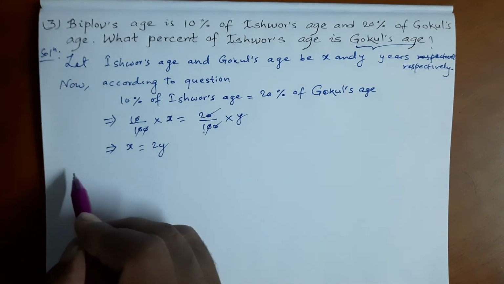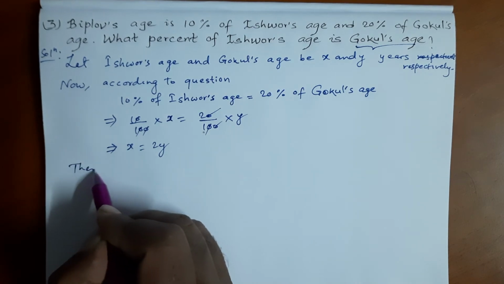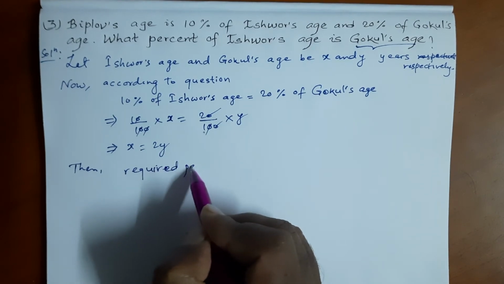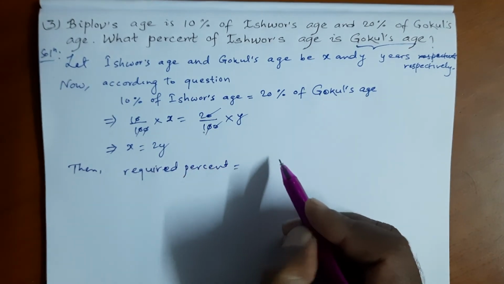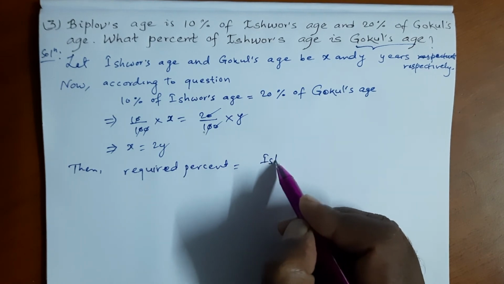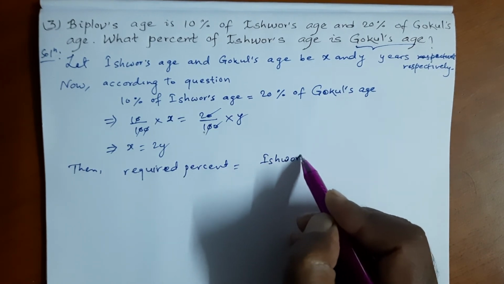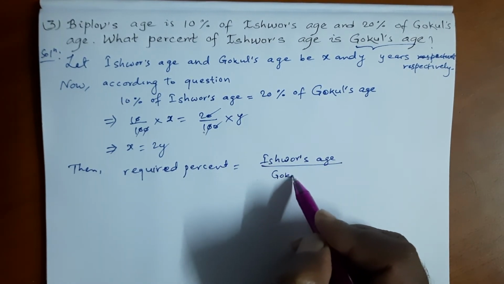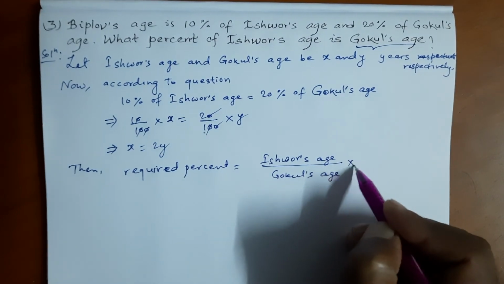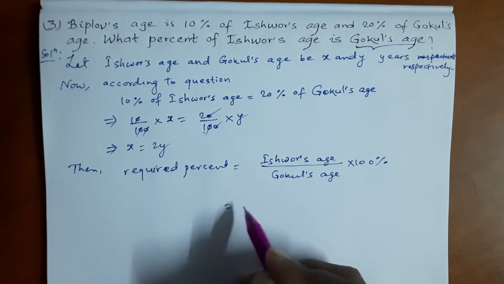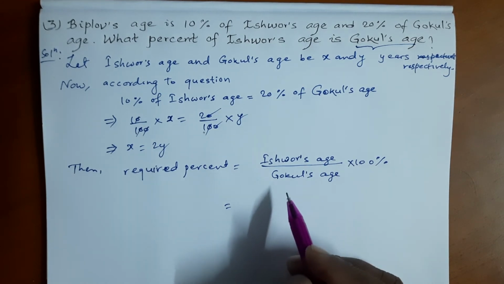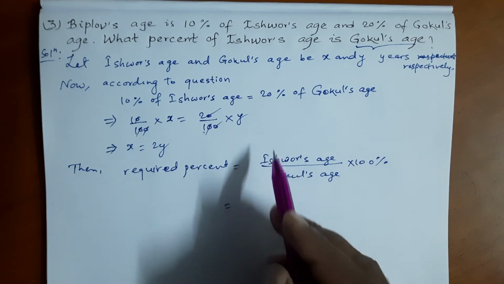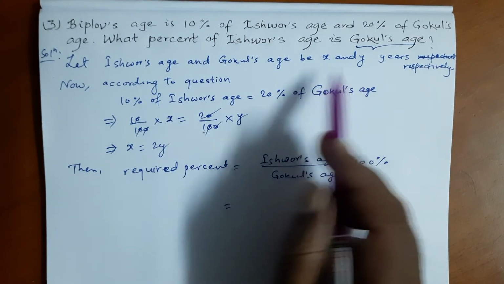For that, the required percent equals Gokul's age over Ishwar's age times 100%. Ishwar's age is X.